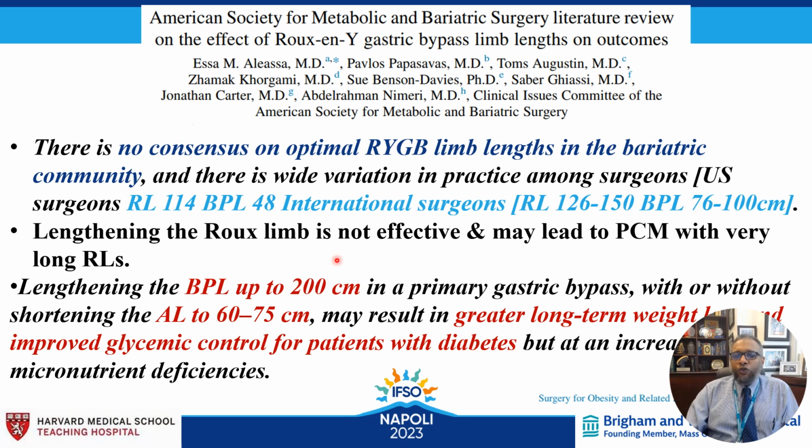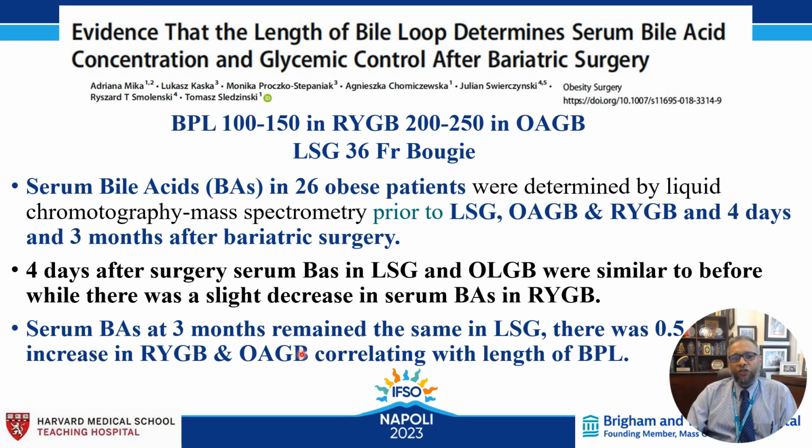But if you don't shorten the Roux limb, you might end up with better weight loss, better diabetes control, but at the expense of nutritional and micro and macronutrient deficiency.